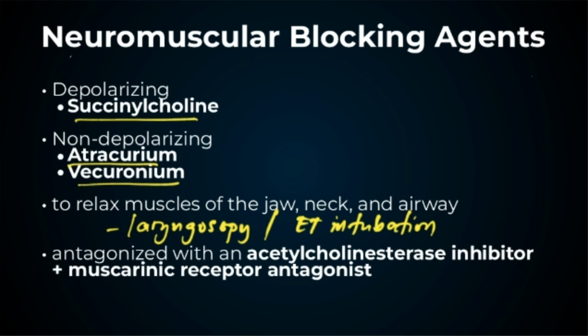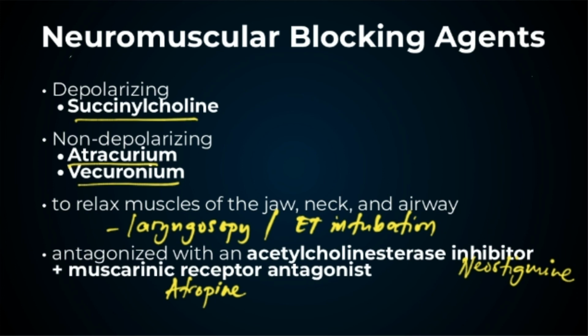The action of non-depolarizing muscle relaxants usually is antagonized once muscle paralysis is no longer desired. The anesthesiologist usually gives an acetylcholinesterase inhibitor, for example, neostigmine or edrophonium, also in combination with a muscarinic receptor antagonist such as atropine to offset the muscarinic activation resulting from esterase inhibition.